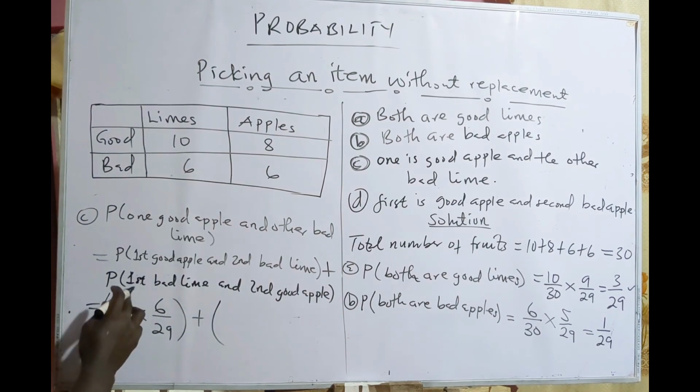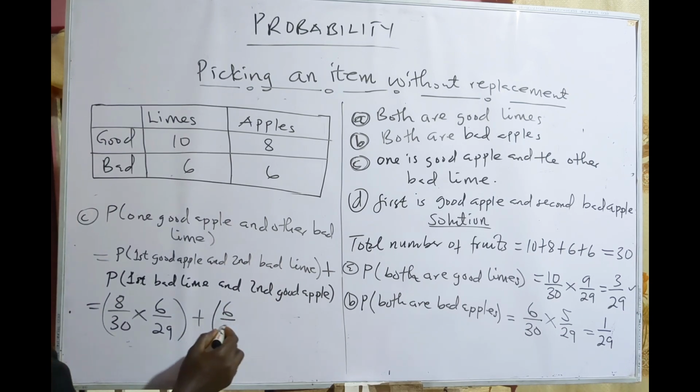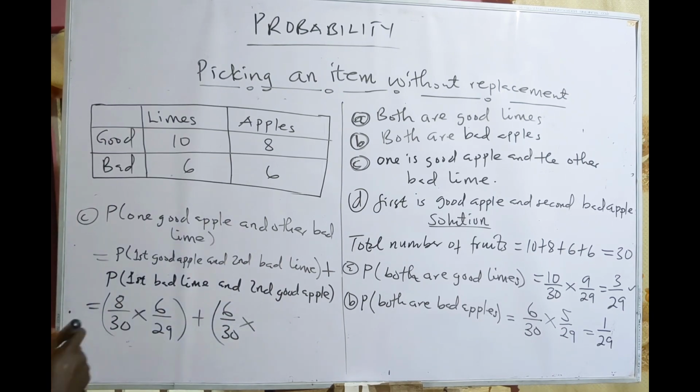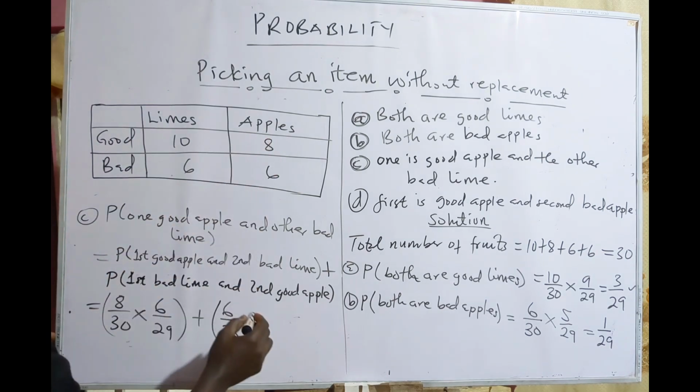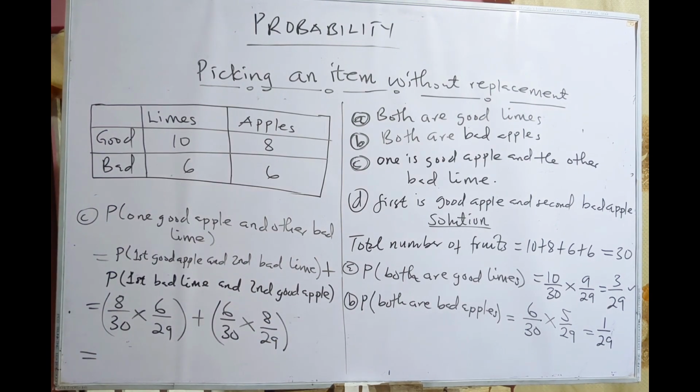Or the first was a bad lime: 6 out of 30, and then the second was a good apple. That will be 8 over 29. All right, the same thing happens here.